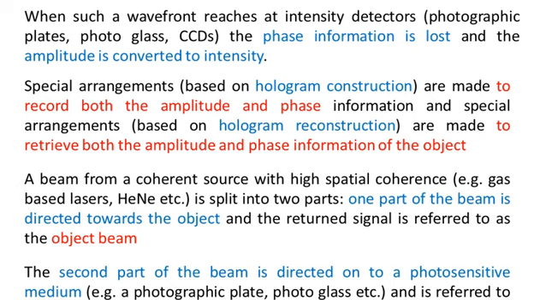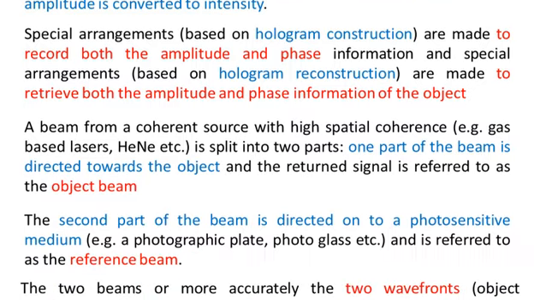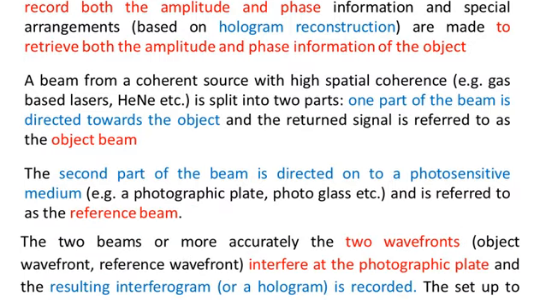So you see that if you want to retrieve the data stored in the hologram, that is, you want to obtain the amplitude and phase information of the hologram, you need to follow some techniques which we call hologram reconstruction techniques.